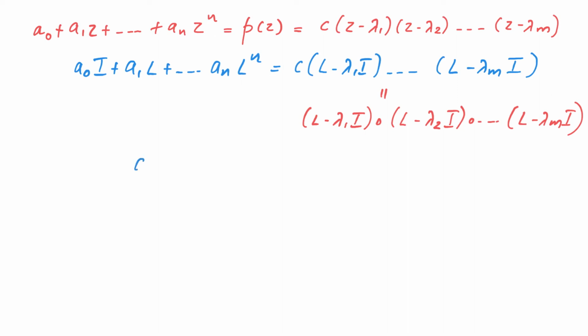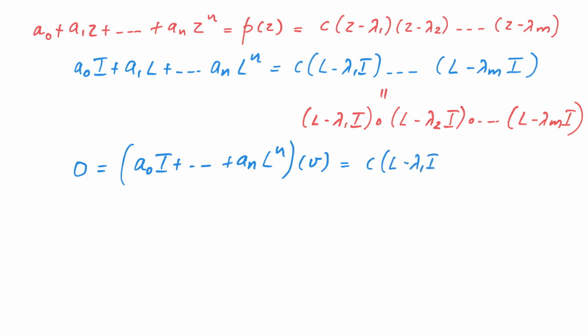Further, we know that a0 I plus etc. up to an L power n acting on the vector v gives you the zero vector. In other words, c times L minus lambda 1 I etc. up to L minus lambda m I acting on the vector v gives you the zero vector.